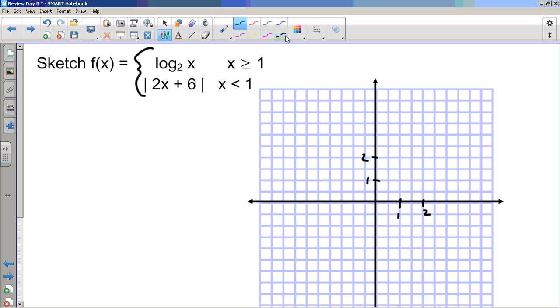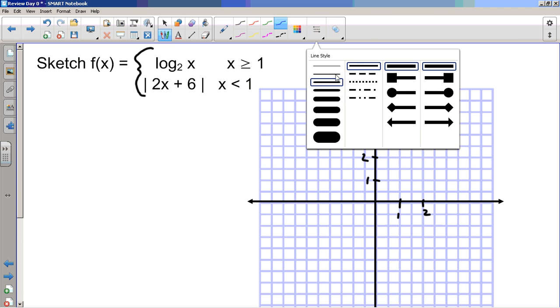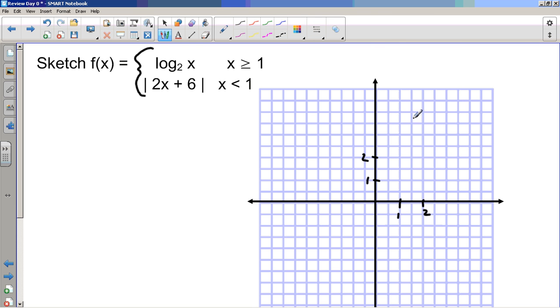If x is greater than 2, or greater than 1 rather. So where's greater than 1? There's 1. And so the idea is, for this side of the line, this is going to be the graph. And how do we graph this? I'm going to call this graph 1.